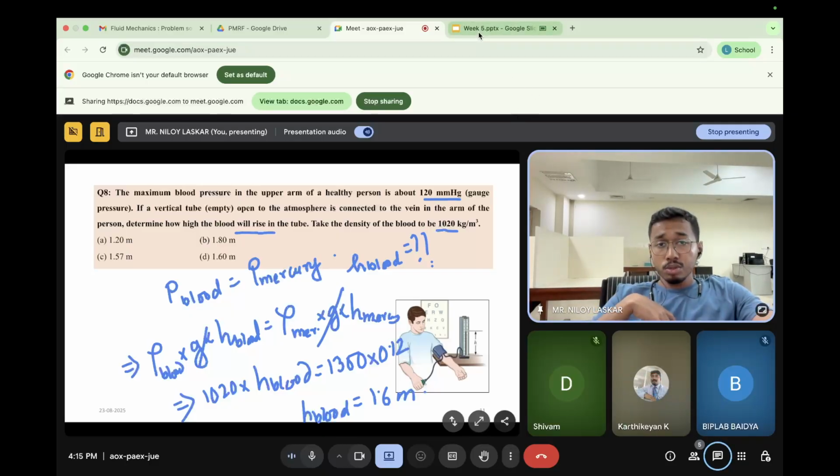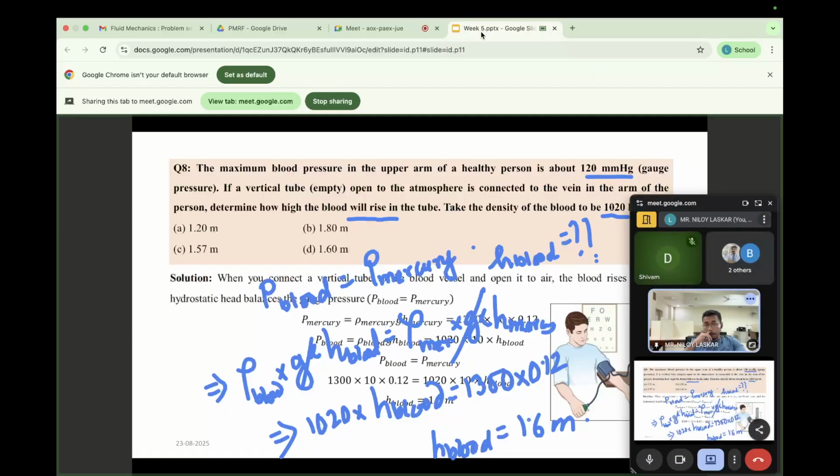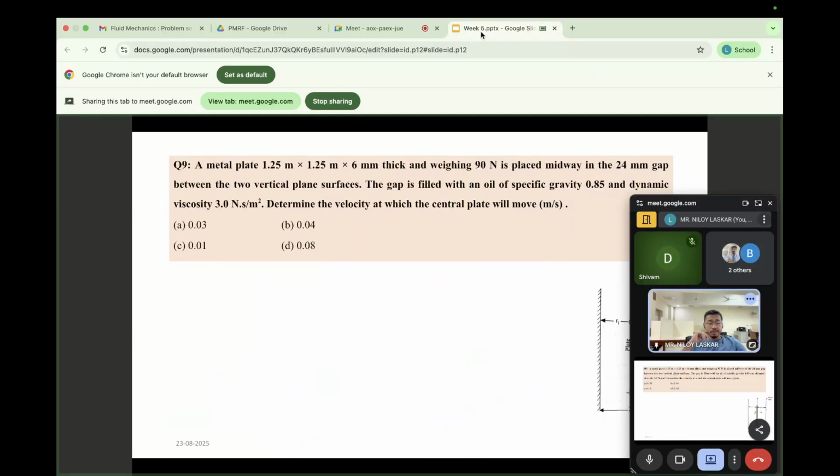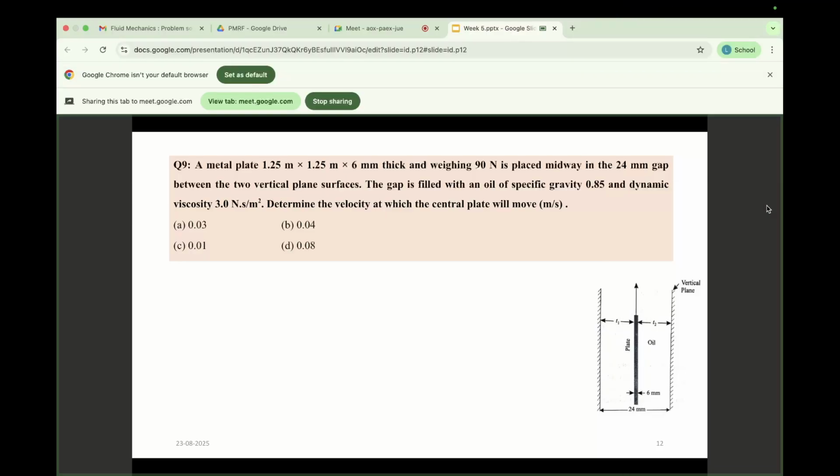Okay, anyway, I'm moving to the next one. In this question, what is given? The dimension of a metal plate is given and its weight is also given.